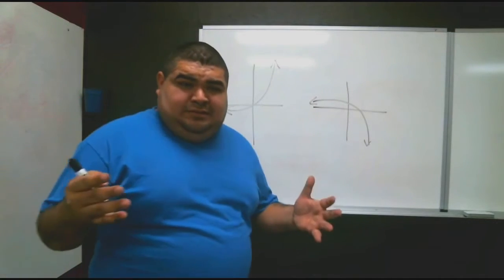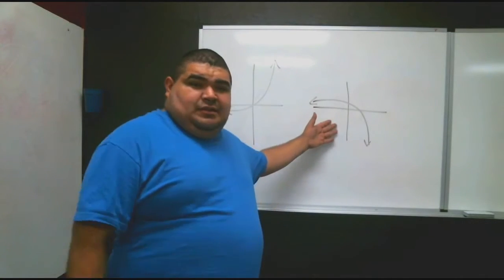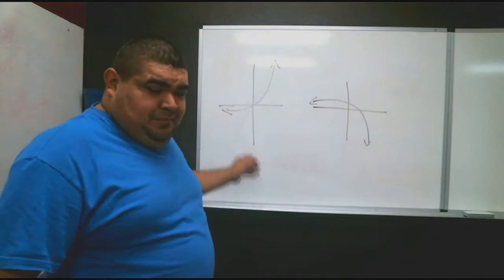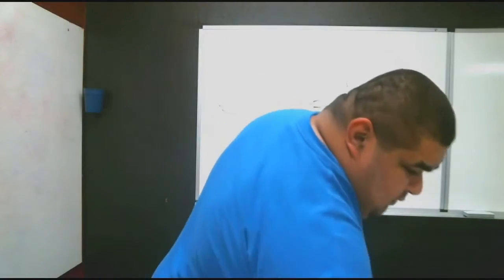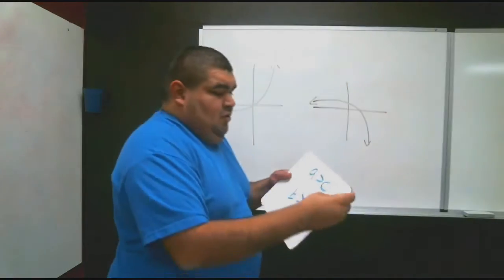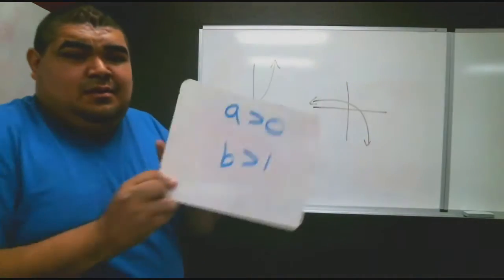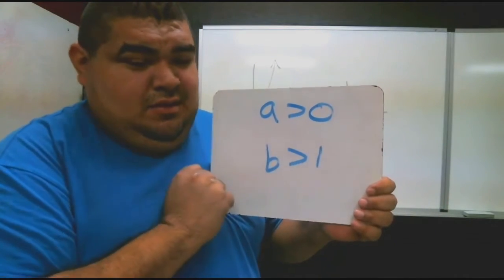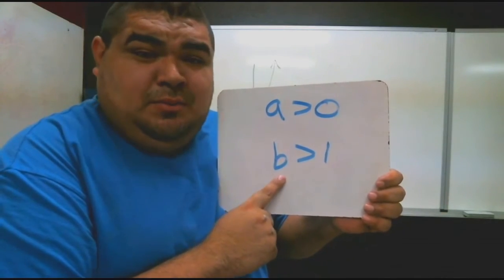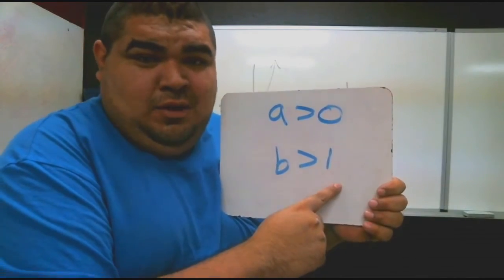How do we know the difference between decay and growth? For a growth equation, A has to be bigger than 0, okay? B has to also be bigger than 1.